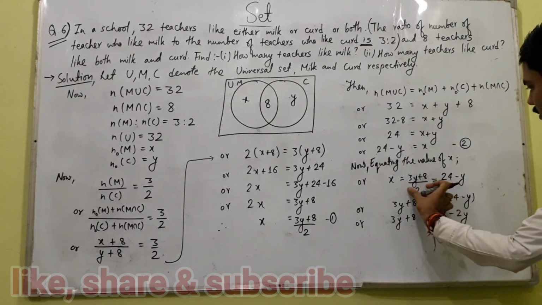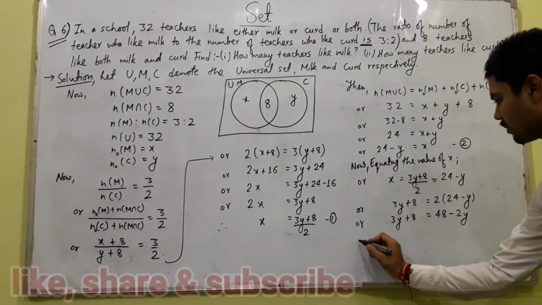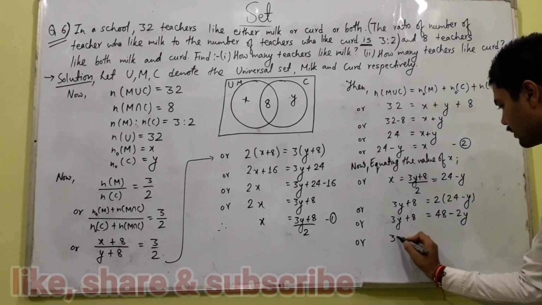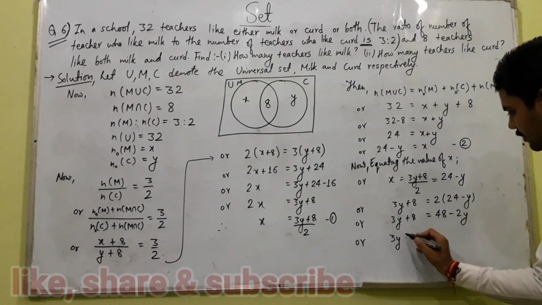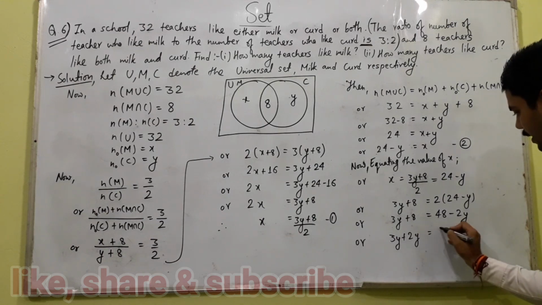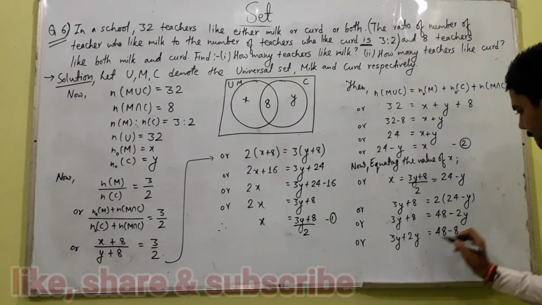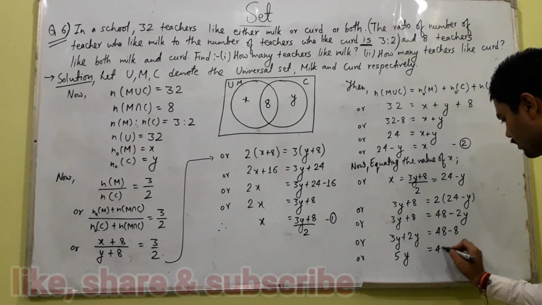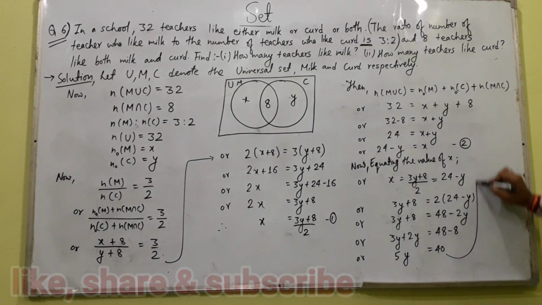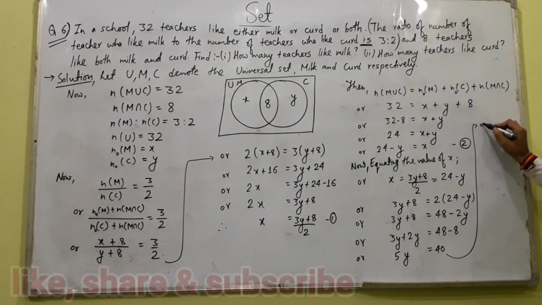Equating these terms together, 3y minus 2y comes here because 3y is the bigger variable, so the smaller variable comes to the left hand side and numbers are kept on the right hand side. So 5y is equal to 40, or y is equal to 40 divided by 5, therefore the value of y is 8.